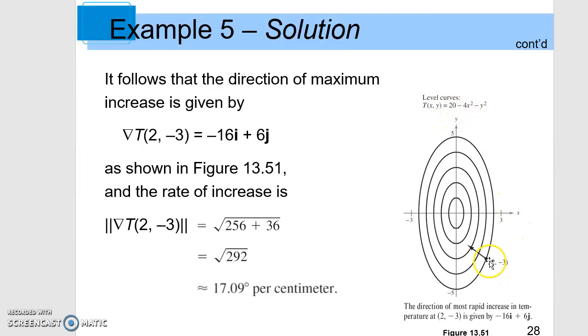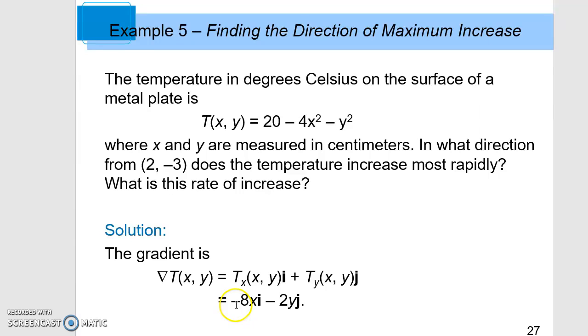At the point (2, -3), if we see this as a topographical map, we want to cross as many lines as possible to go to the highest temperature. But from what we know, the direction of maximum increase is given by the gradient. So if we calculate the gradient, it is given by negative 8x, from here, comma negative 2y, from here.